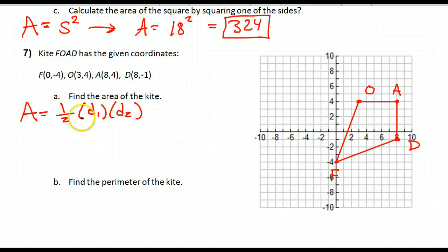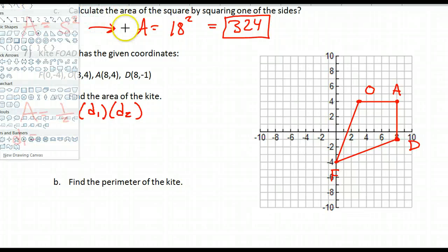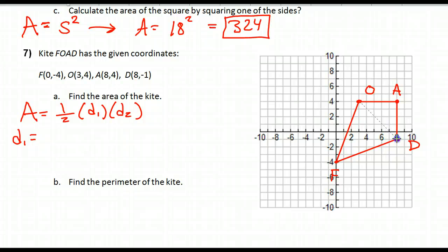So all we need to do is find the lengths of the diagonals. Alright, so one of the diagonals will be OD. So let's go ahead and calculate that.